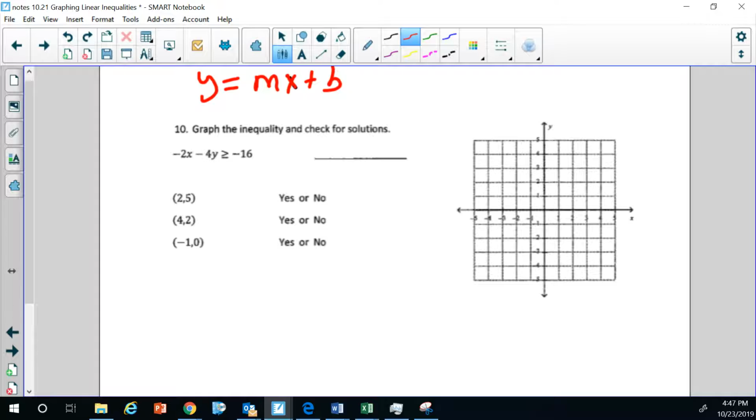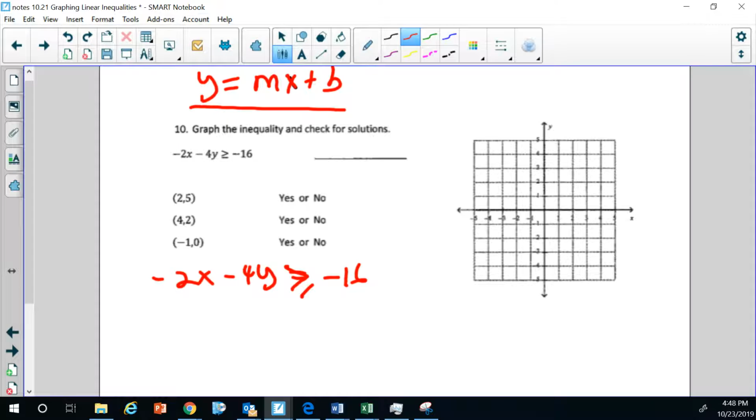My first step is going to be, let me rewrite the equation down here: minus 2x minus 4y is greater than or equal to negative 16. Now I want to put this equation in this format, so you see that the y is on the left side.